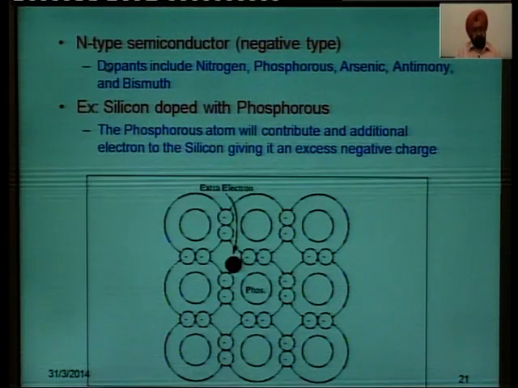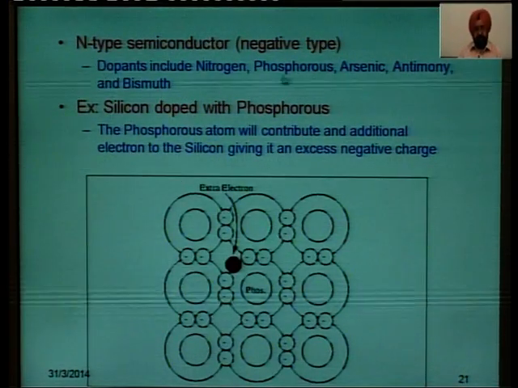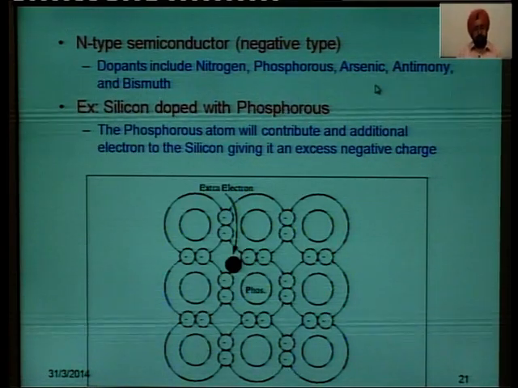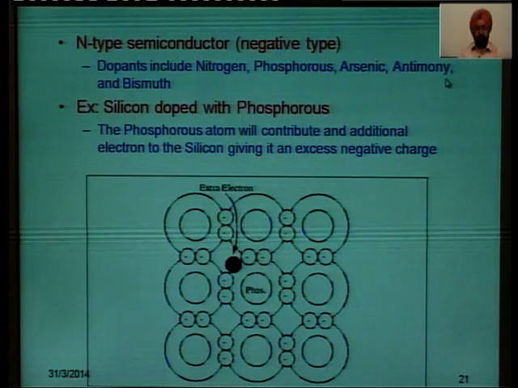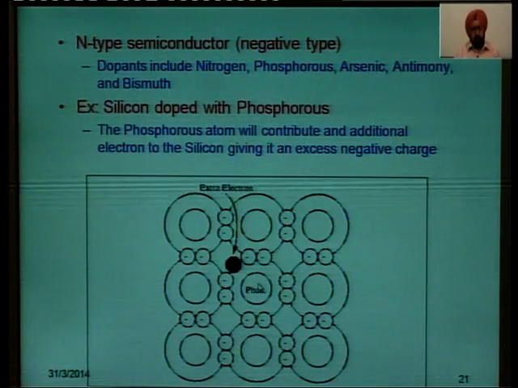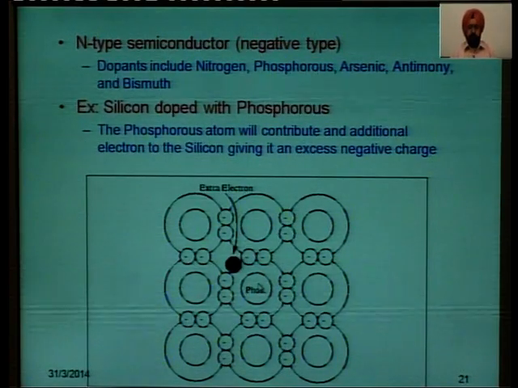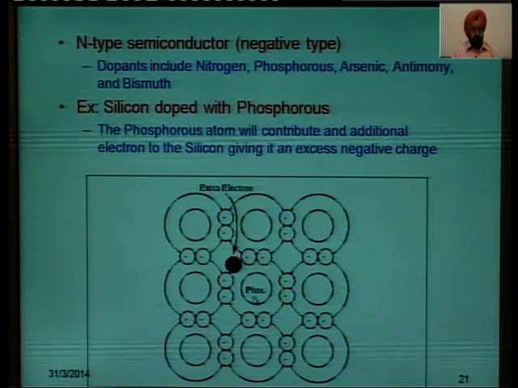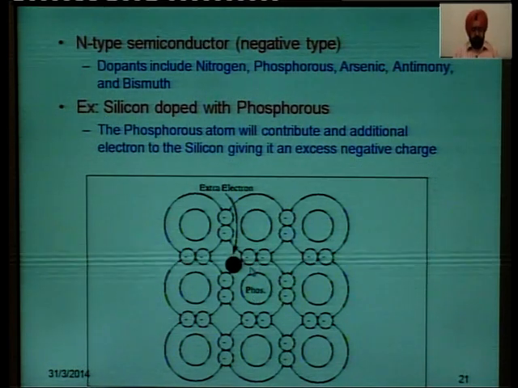In the case of n type semiconductor, you can say negative type, dopants include nitrogen, phosphorus, arsenic, antimony and bismuth. For example, in the picture you are shown silicon which has been doped with phosphorus. Phosphorus has 5 electrons in its outermost orbit.